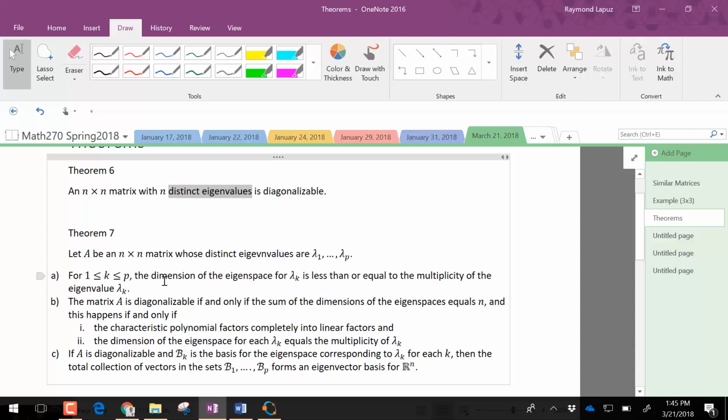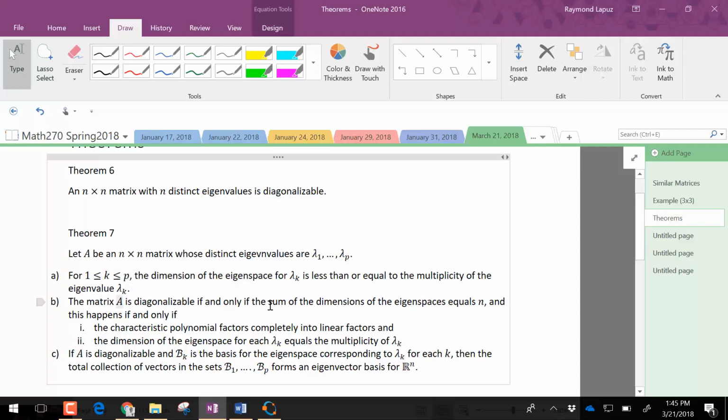The dimension of the eigenspace is the number of linearly independent eigenvectors for each eigenvalue. Sometimes that's called a geometric multiplicity. They don't define it here that way, but that's what it is.